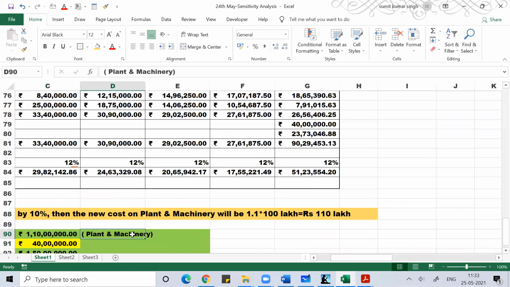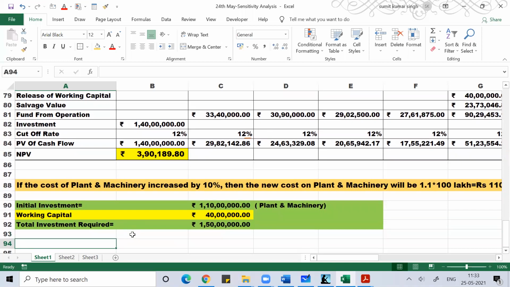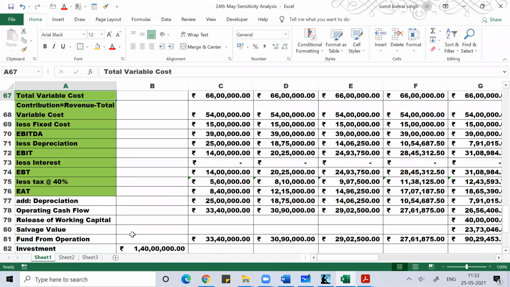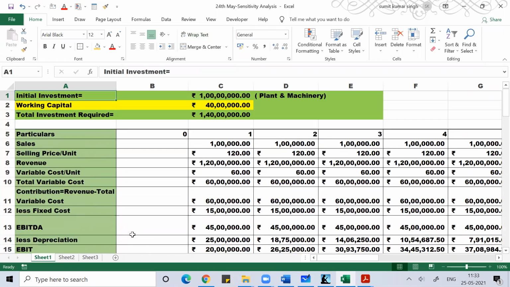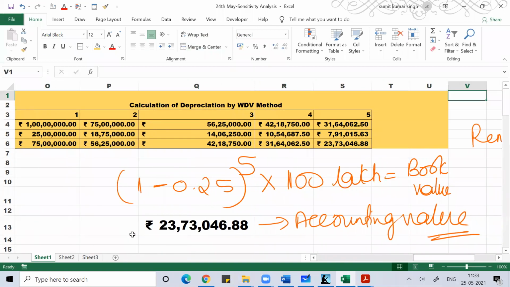Can you understand this? Anyone, any doubt? If you change the cost of plant and machinery, automatically your depreciation will change. Automatically initial investment will change. So you have to again make the table of depreciation, what you made here.